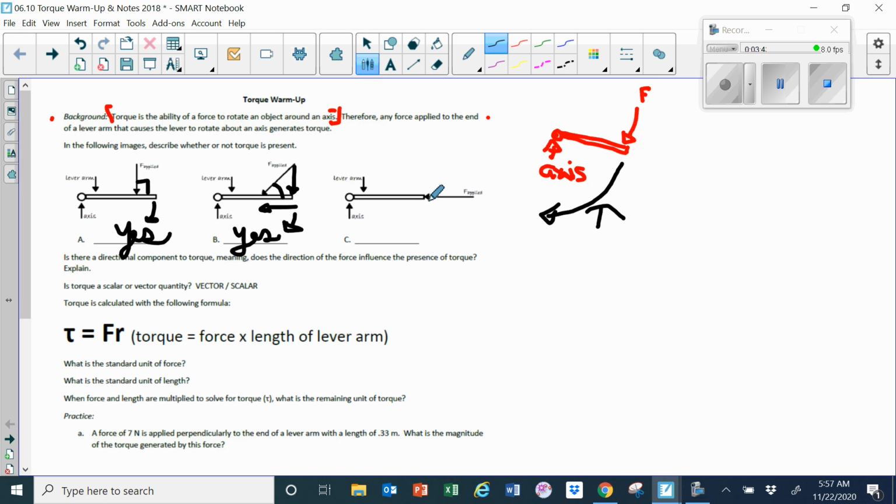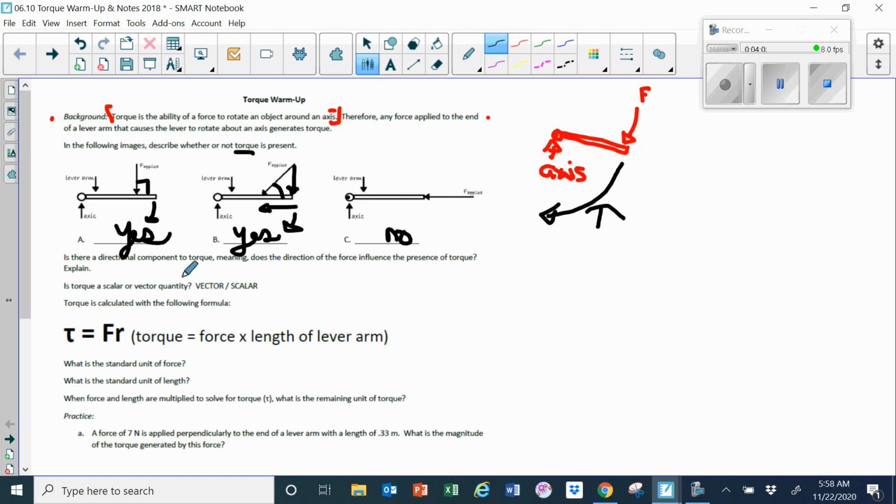If you look at it, ask yourself the question: would this force cause this lever arm to rotate about this axis? If the answer is no, then there is no torque. So in this case, there would be no torque, because this force would not cause this lever arm to rotate about the axis.